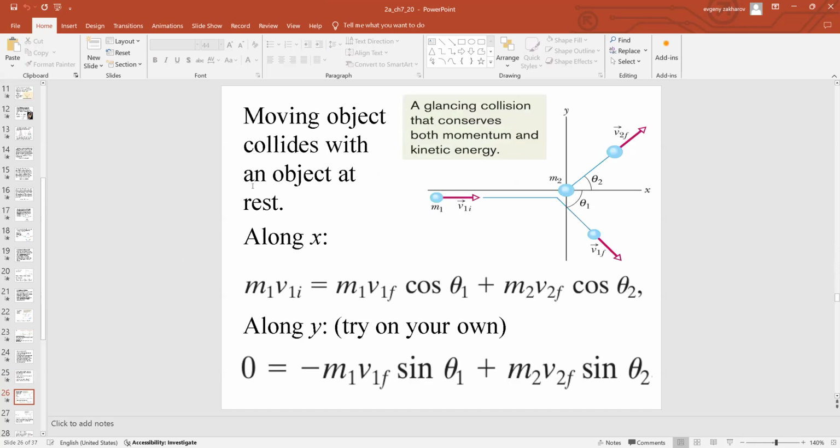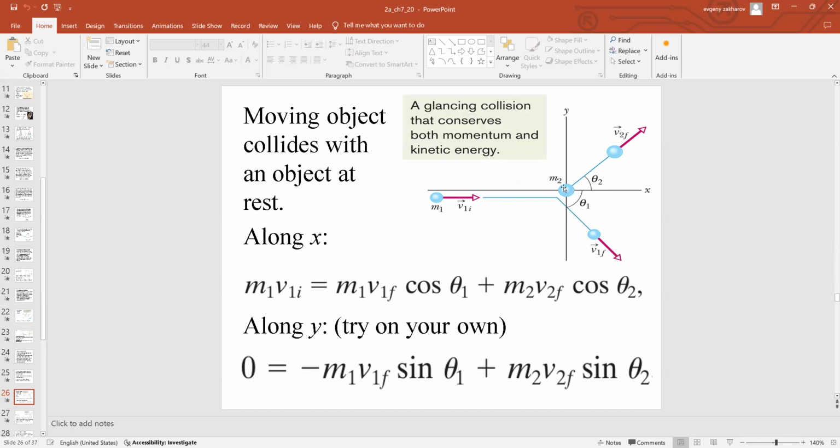So this is what I'm talking about. Two balls get in contact. M1, M2, so masses are given. The second ball was sitting still, and the first ball hits it at a certain angle. And it's theta 1, that's the reference angle for the first ball.